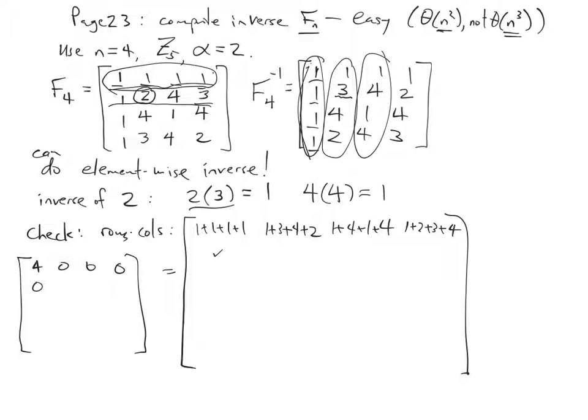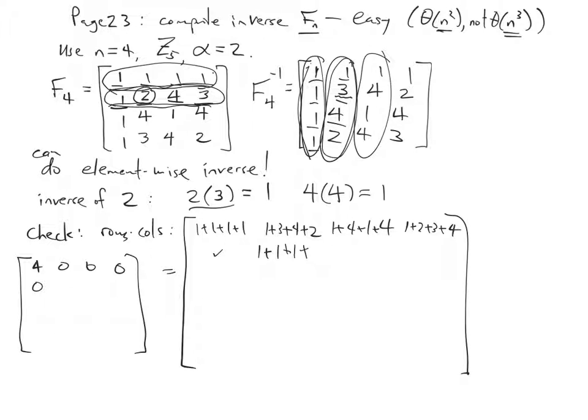Ooh, now here's an interesting one. The second row times the second column, row 1 times column 1, gives us 1 times 1 is 1, plus 2 times 3 is 6, but that's 1 in Z5. Then 4 times 4 is also 1.